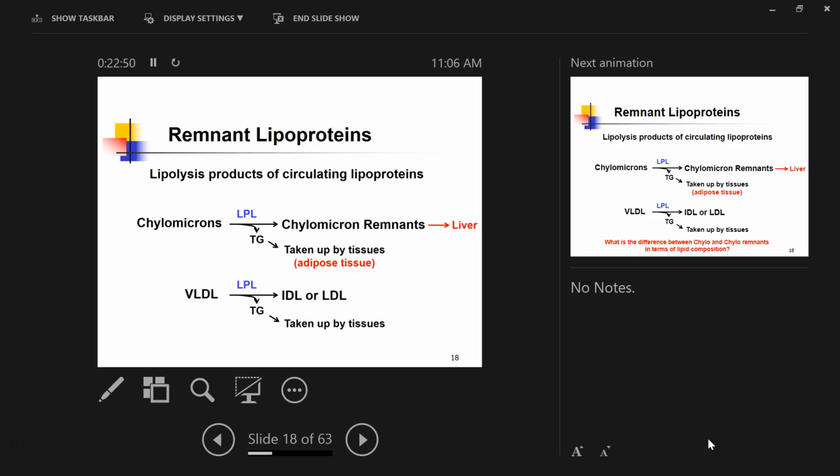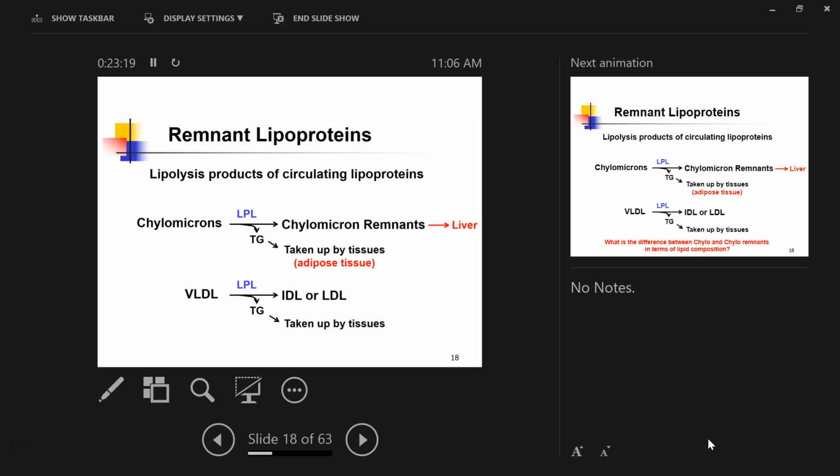So the remnant of lipoprotein is the lipoprotein that has reduced lipid volume in the core because you already finished your job, right? You delivered lipids to the tissue. So the remnant basically is the product of the lipoproteins.